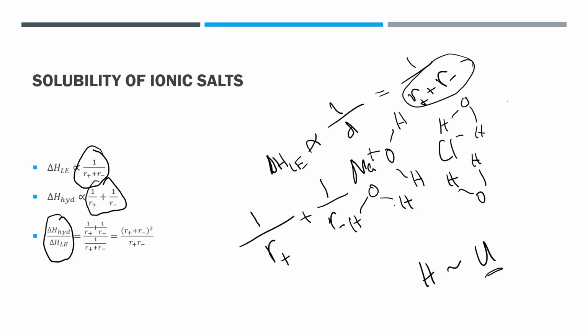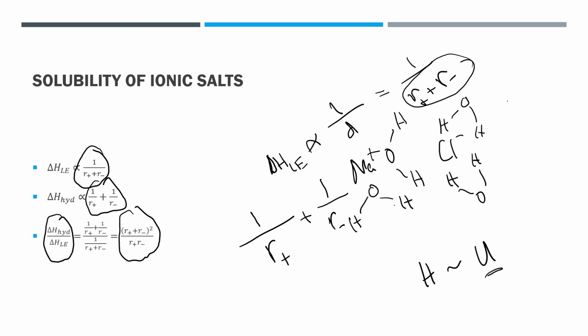So if we do this division, we end up with this formula. We have the sum of the radii of the anion and cation squared, divided by the product of the radii.